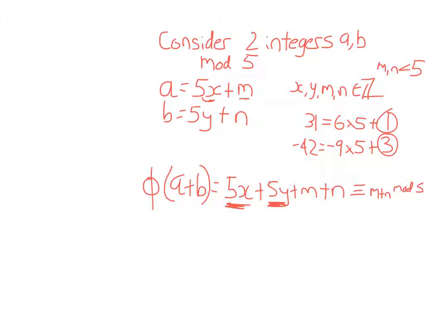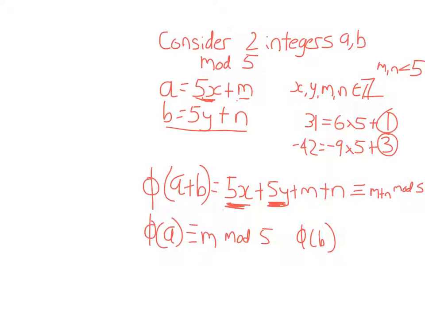So what if I first reduce a modulo 5? Then 5x plus m would just reduce to m mod 5. And similarly, phi of b, so I'm going to reduce this modulo 5. So that will just be n modulo 5.